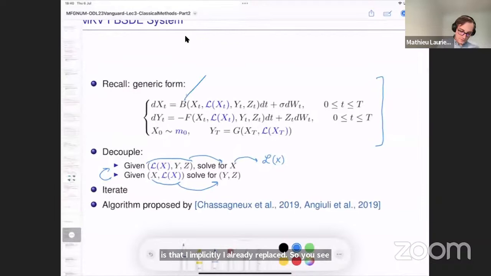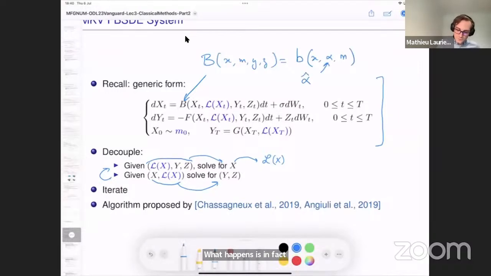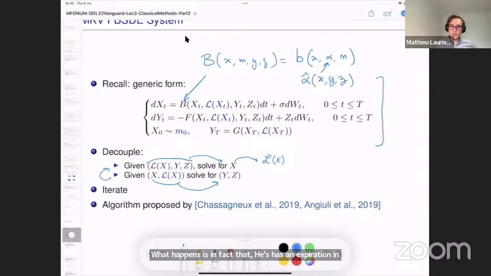You see that here I'm using the notation capital B. Capital B of X, M, Y, and Z would be the little b, except that little b should be a function of x, alpha, and m. In fact, alpha has an expression in terms of x, y, and z, and so I already replaced it. I need to find this alpha hat. It's not possible for all costs, etc., but alpha hat is a minimizer of the Hamiltonian.